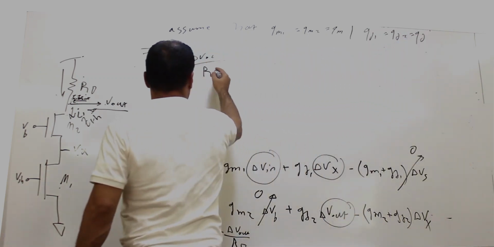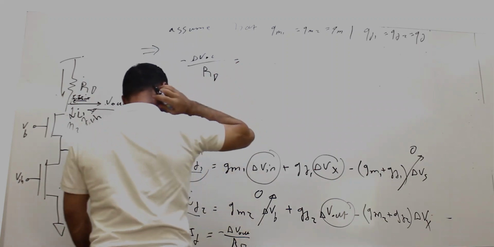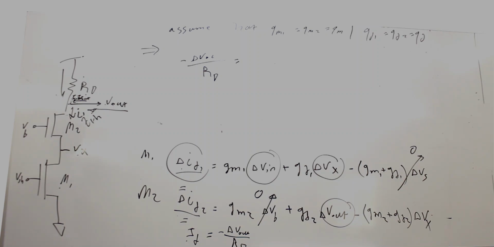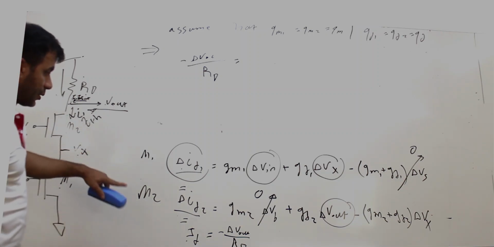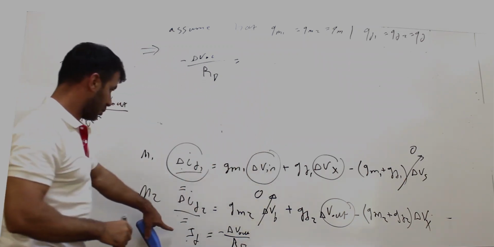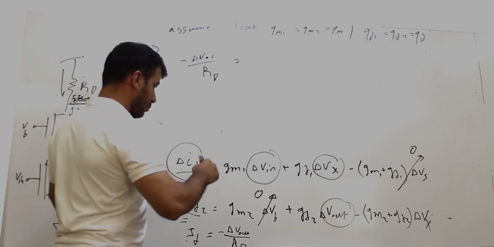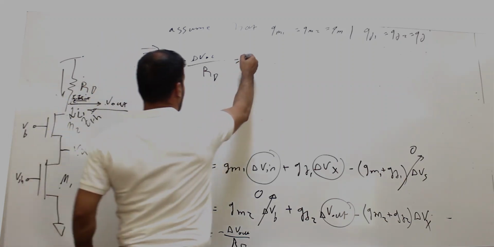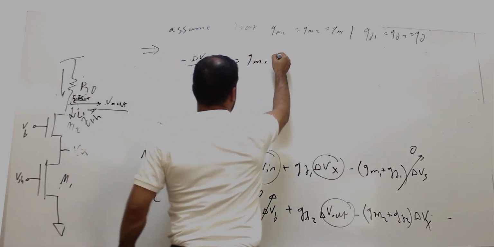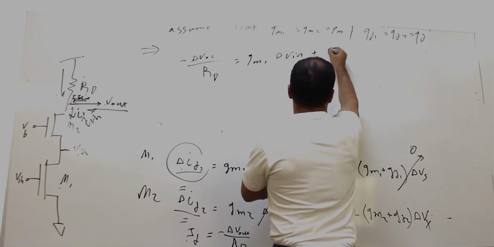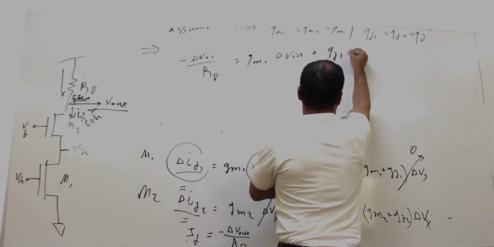So minus delta V output over RD equals GM1 delta Vn plus GD1 delta Vx.